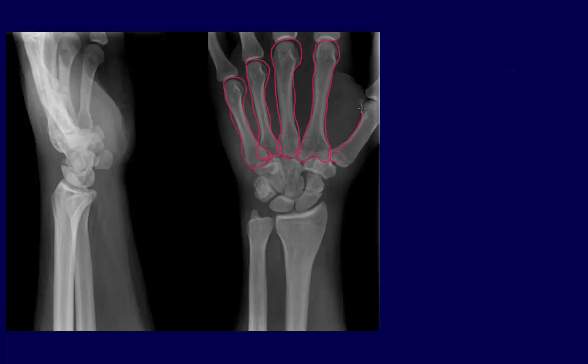Now we'll move on to identifying our carpal bones, beginning with our triquetrum, our hamate, capitate, lunate, and as we get to our scaphoid, we can see that there is in fact a fracture. I will denote it with a star and find it on the left side of the picture as well.